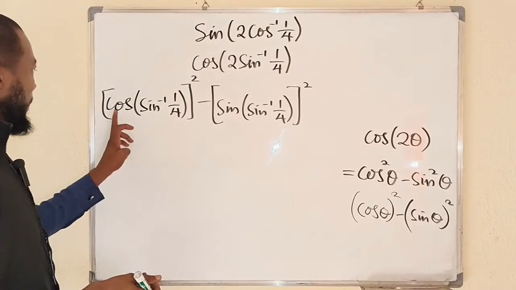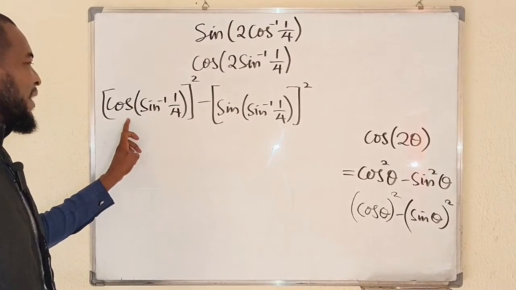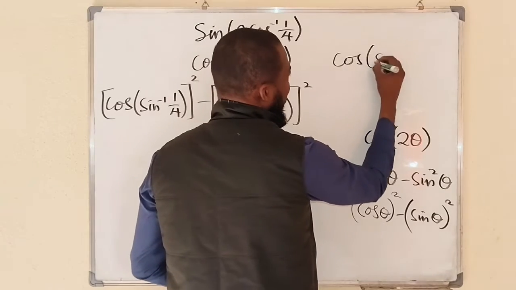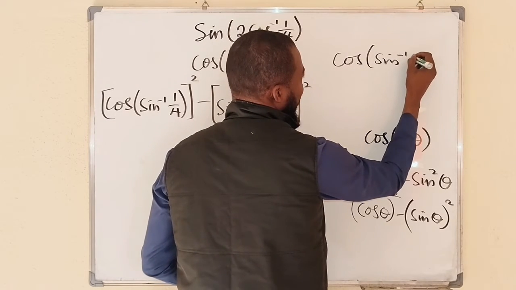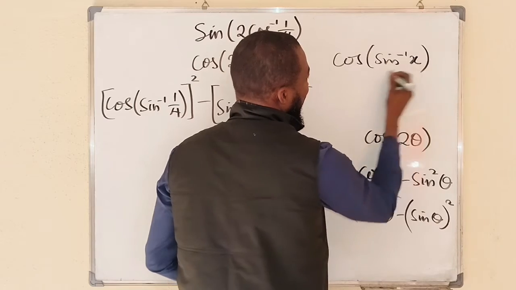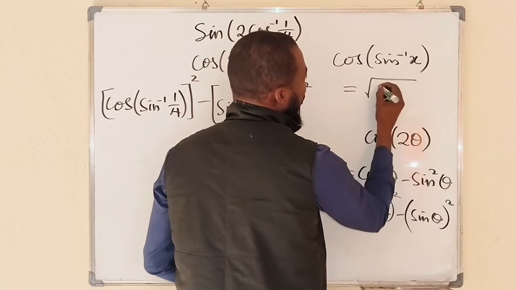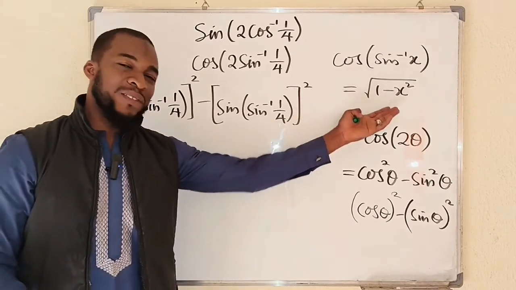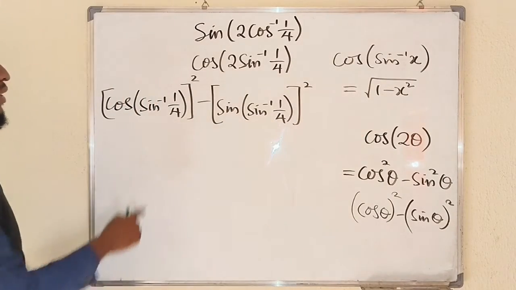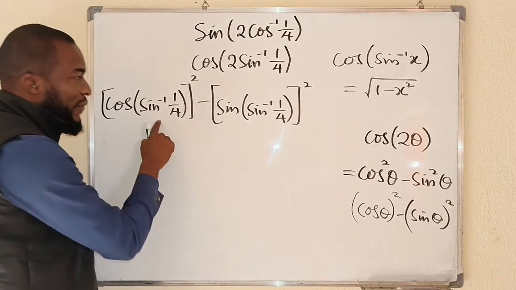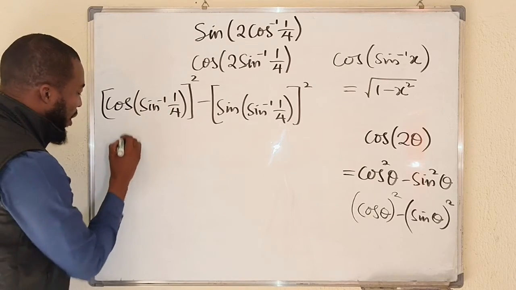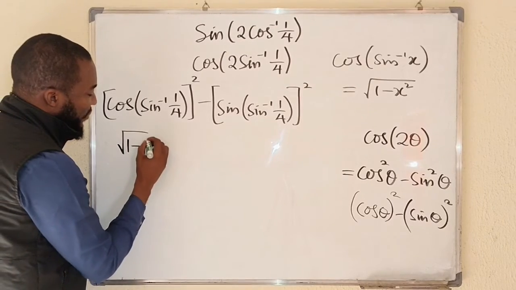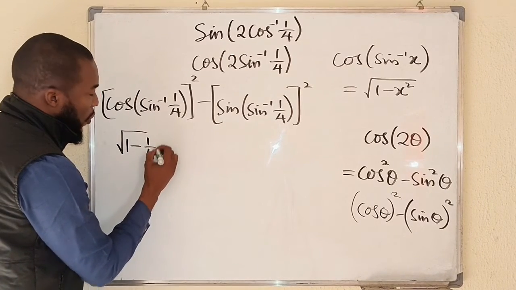We are done. But remember, cosine of sine inverse of x is also equal to the square root of 1 minus x squared. If you want to know how we arrive at this formula, you can watch the previous lesson. So cosine of sine inverse of 1 over 4 will be the square root of 1 minus 1 over 4 squared.